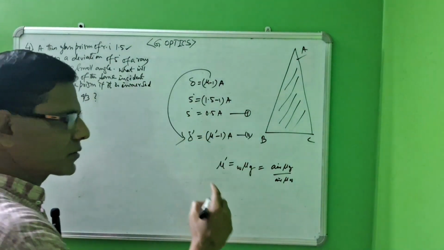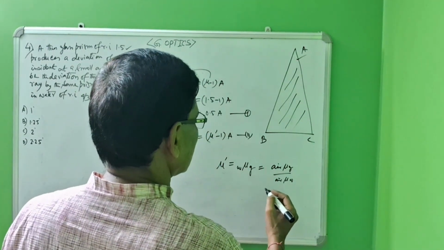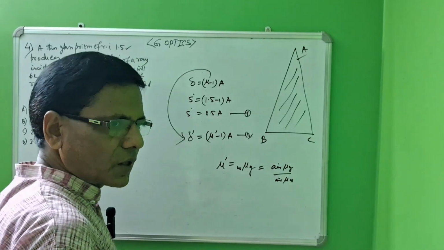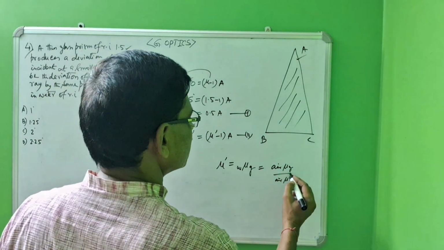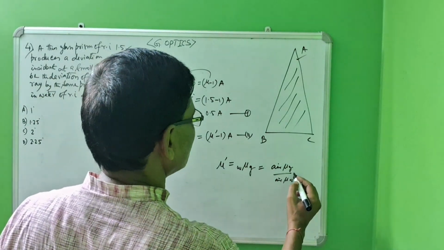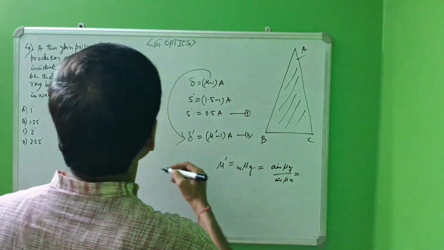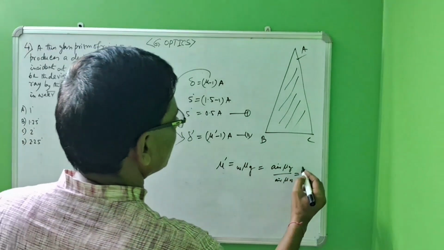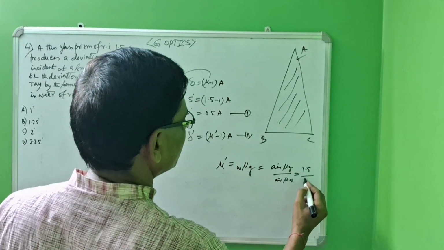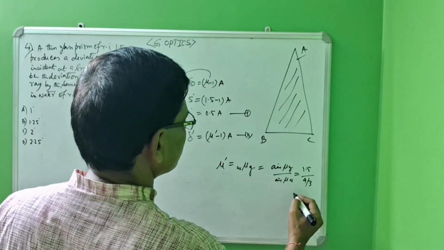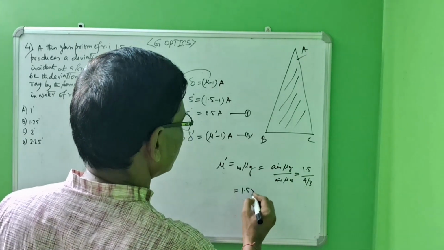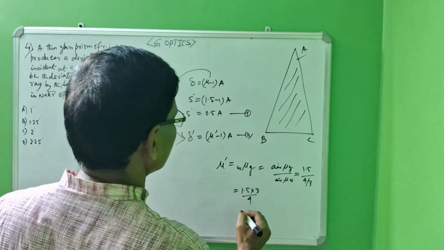We know this from the previous class, the Class 12 class. So we get mu g, 1.5, divided by 4 upon 3. We get 1.5 into 3 upon 4.